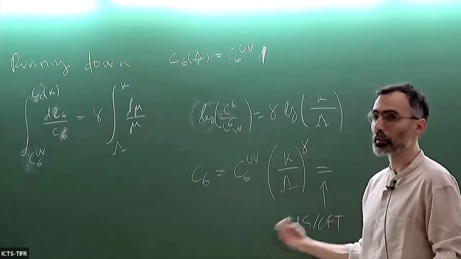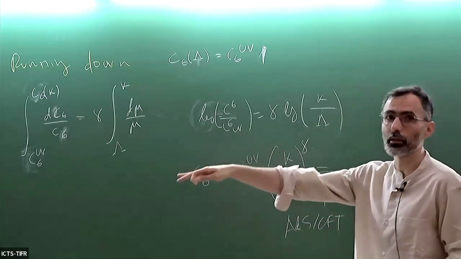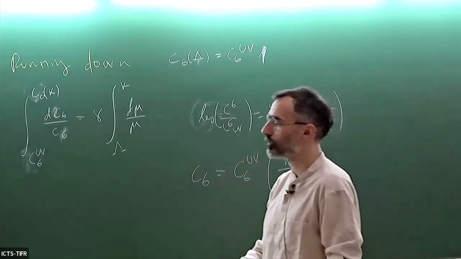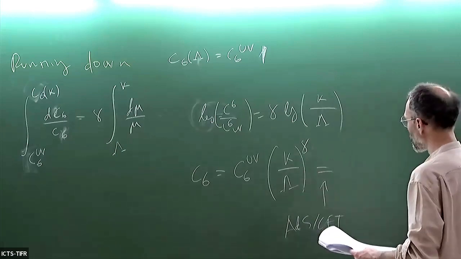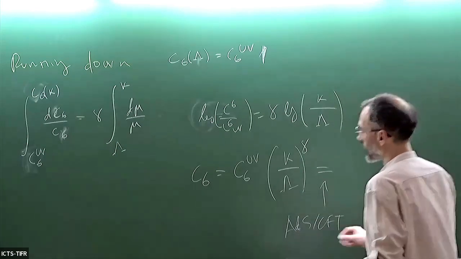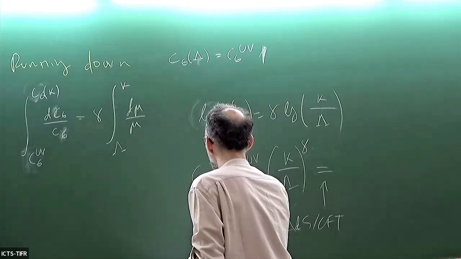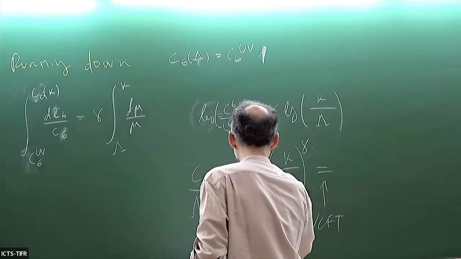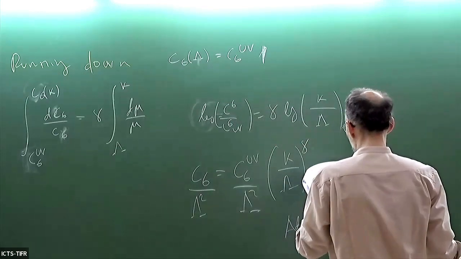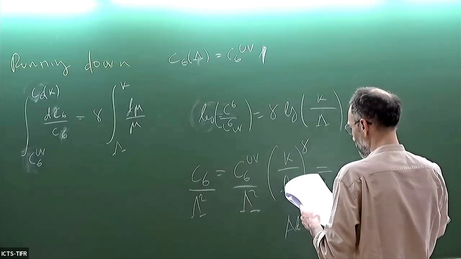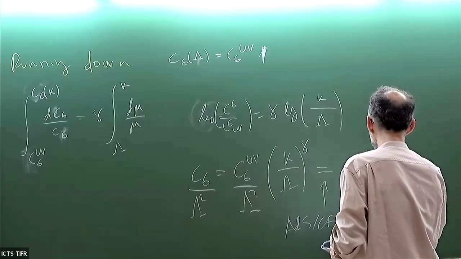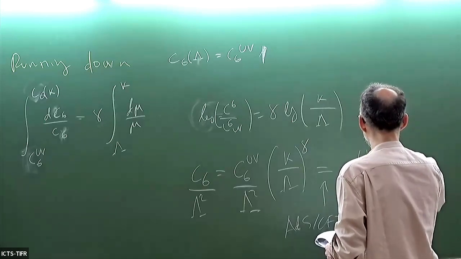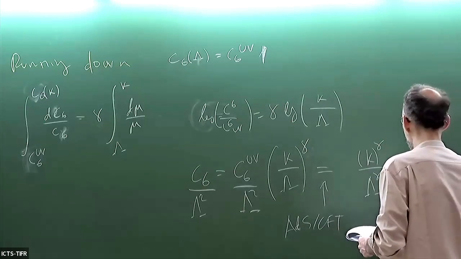It only produces itself, so it doesn't produce any of the other two operators. So this will be a consistent prediction. For that case, let me put back in the lambda squared. This is the Wilson coefficient that we measure. And in that case, the prediction will be K to the gamma, over lambda squared.